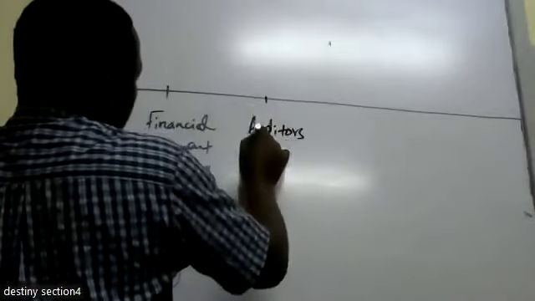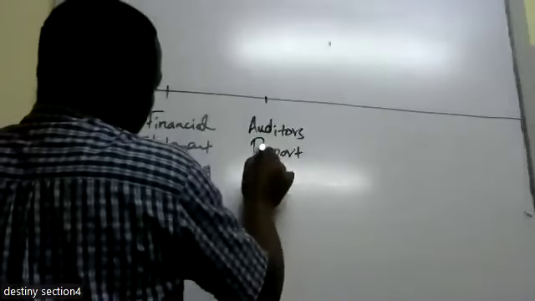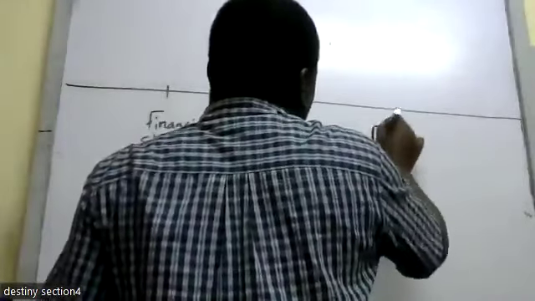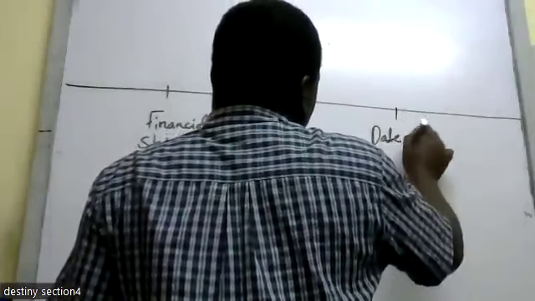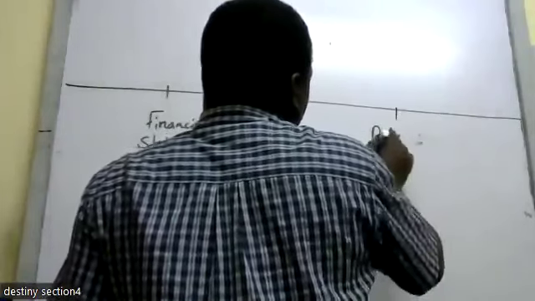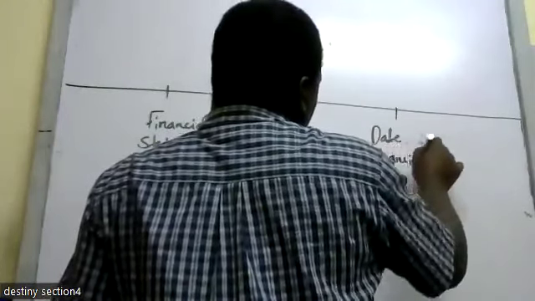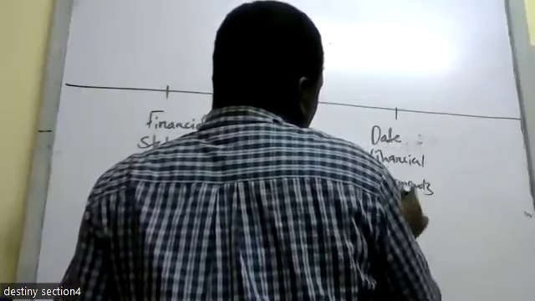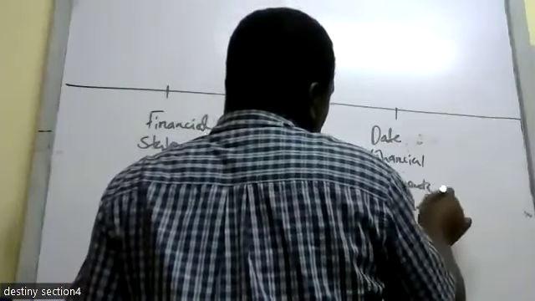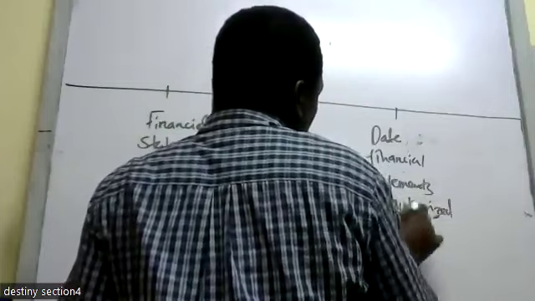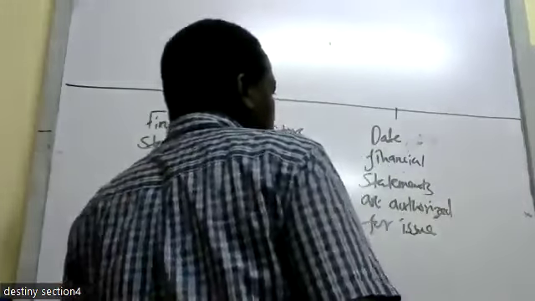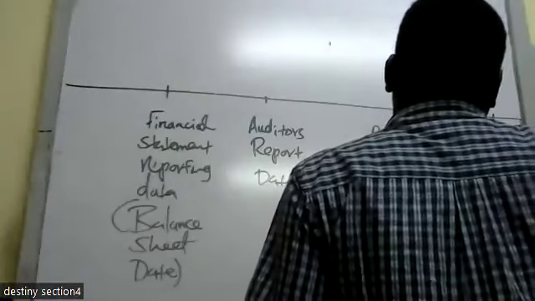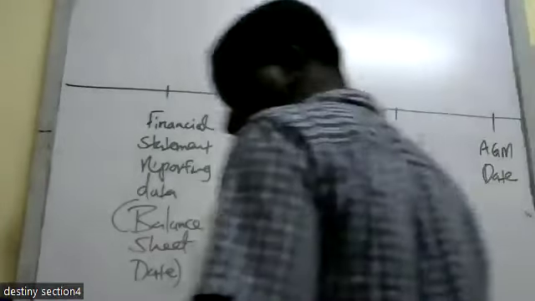The next date is the date the financial statements are authorized for issue. Then the last one is the AGM date.